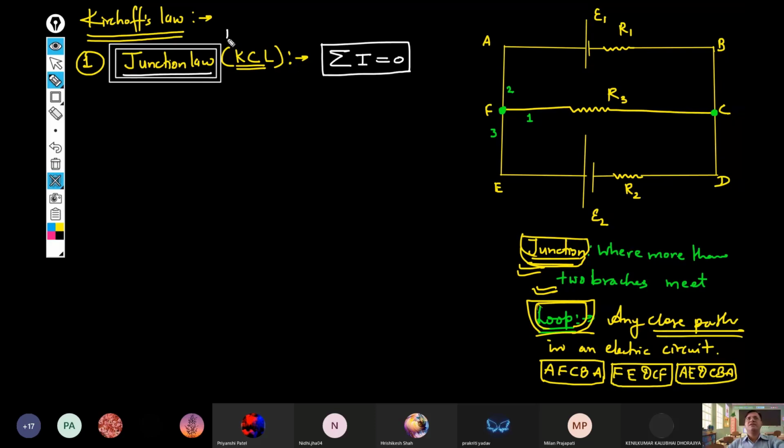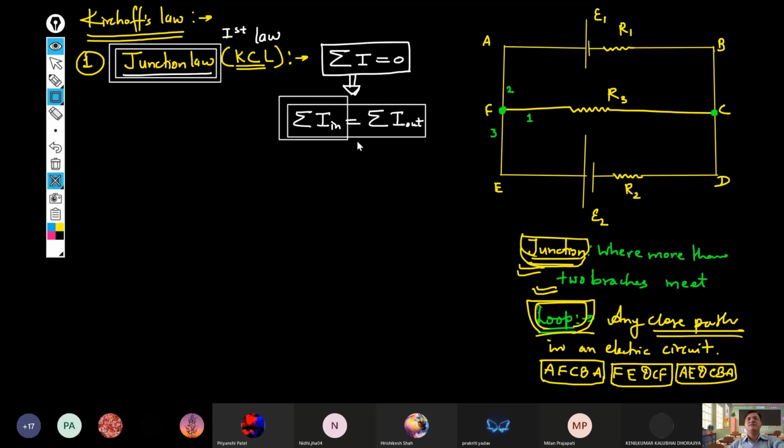It is also known as Kirchhoff's first law. And this can be modified: the algebraic sum of incoming currents is equal to the algebraic sum of outgoing currents at any junction point. Or in other words, the algebraic sum of electric current at any junction point is 0.